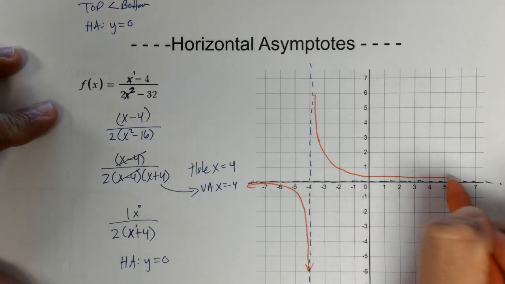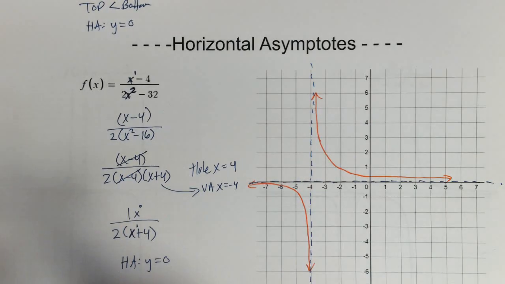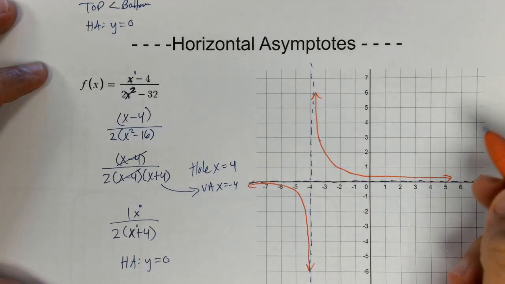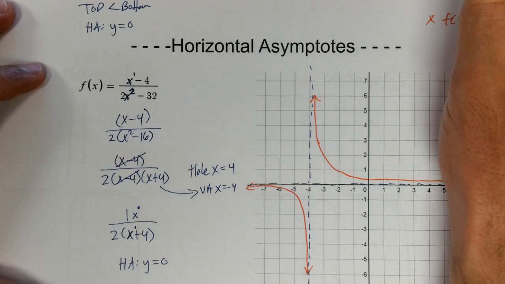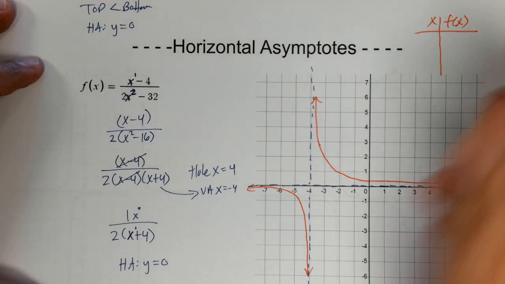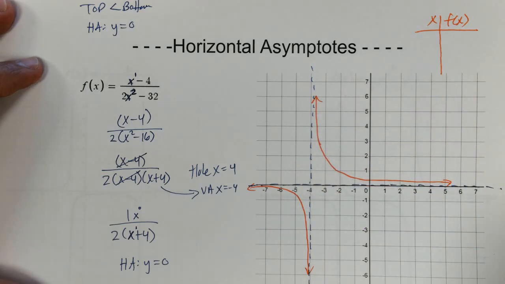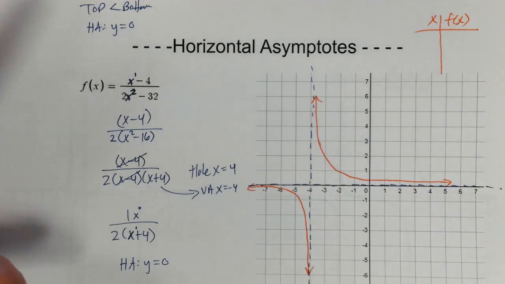Now to find those specifics, I would be considering holes, x and y intercepts. I would find the actual points, right? And if I need more points, I would plot a table, and I would plug in numbers into my function to determine where exactly are those points. This is just a sketch so that you can see how this behaves.